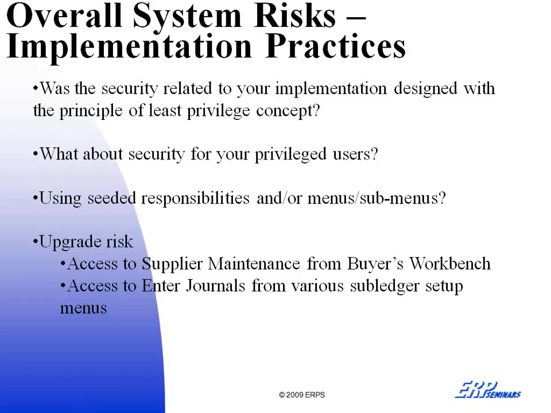Oftentimes the end result would be different than starting and saying, give me only what you need to do your job, and building menus from scratch to meet those requirements. So conceptually, a security person or an implementer would say, yeah, we're using this principle of least privilege, but oftentimes the security really isn't down to the lowest level.